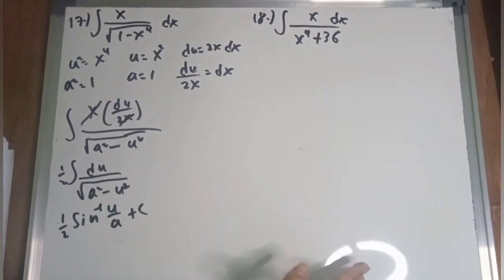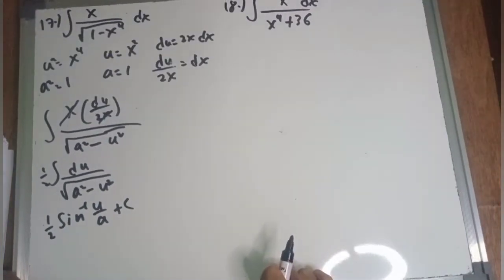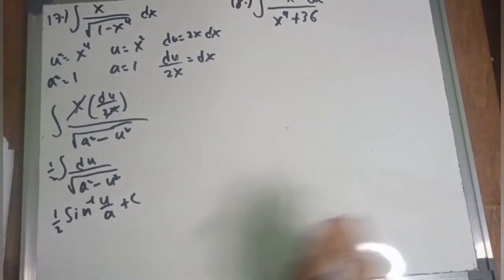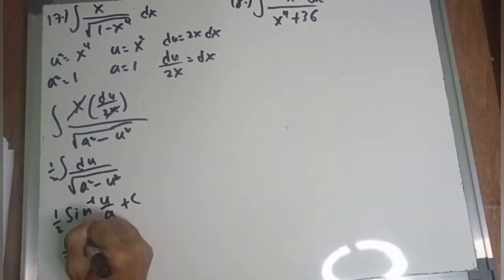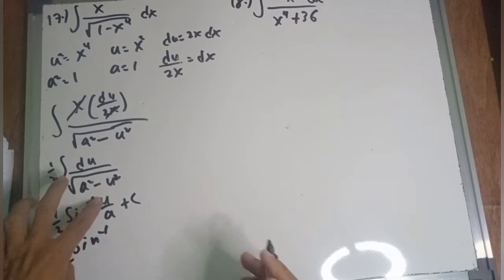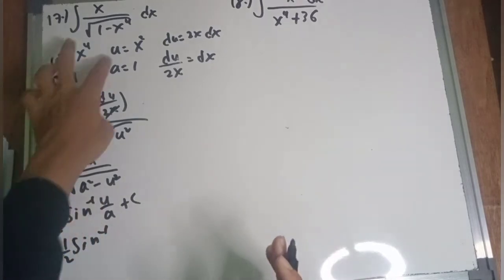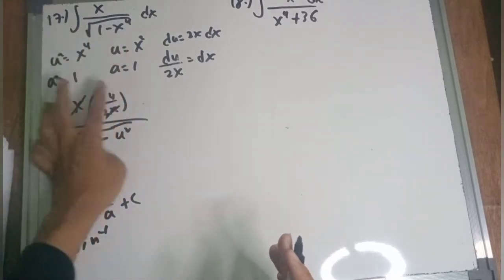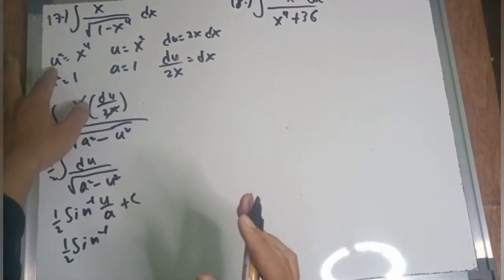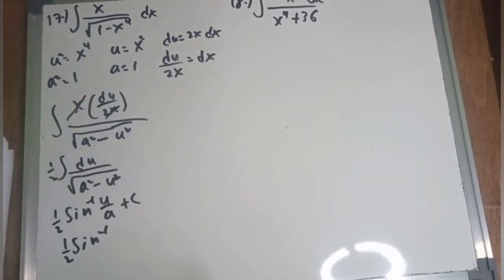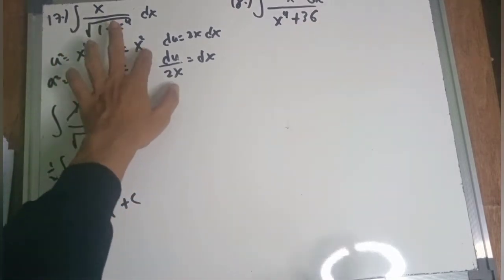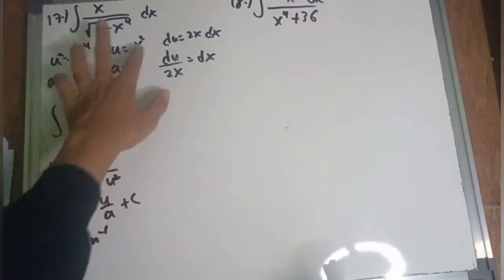Then substitute the values of u over a. So that is 1/2 inverse of sine u over a. The u is from the u squared, which removes the radical expression, because of the formula of the inverse of sine. So u is equivalent to x squared.